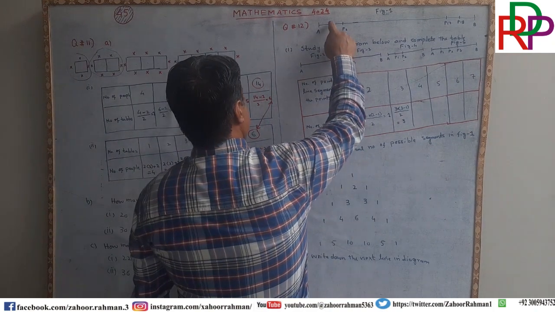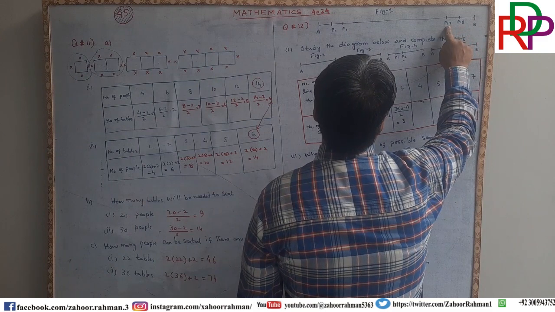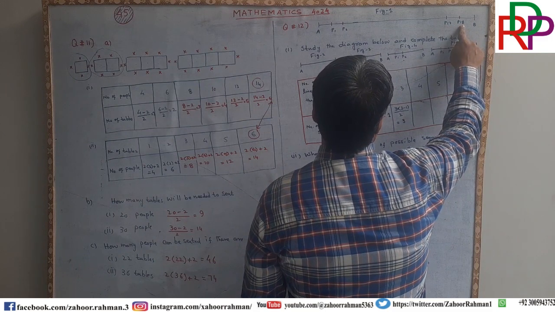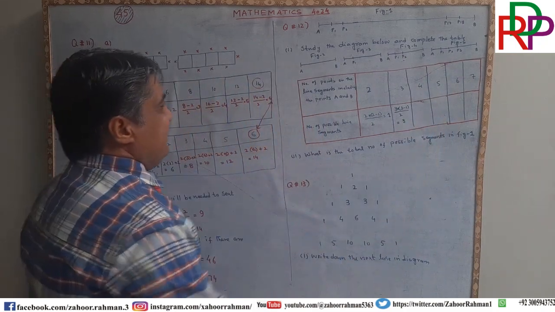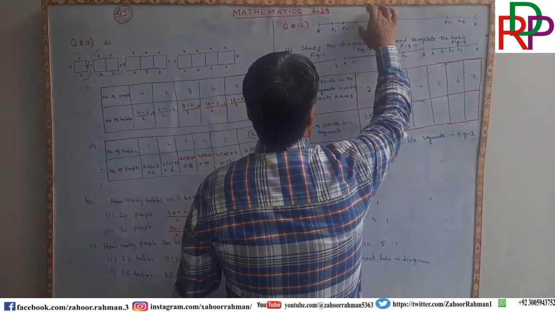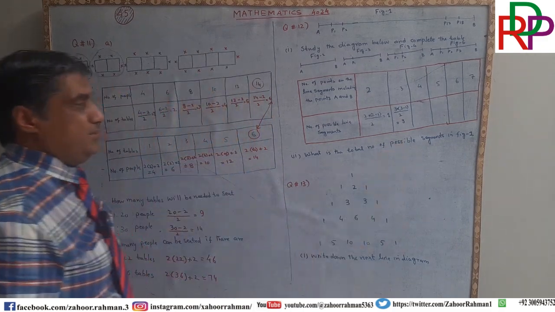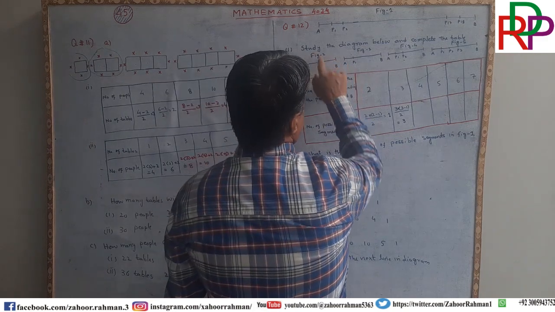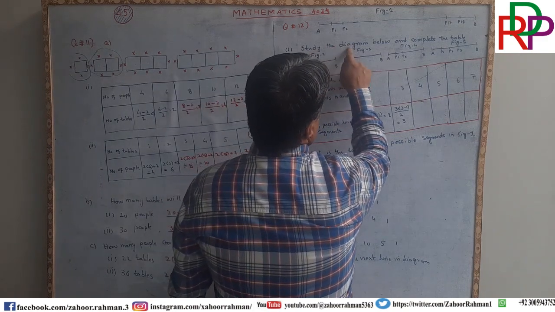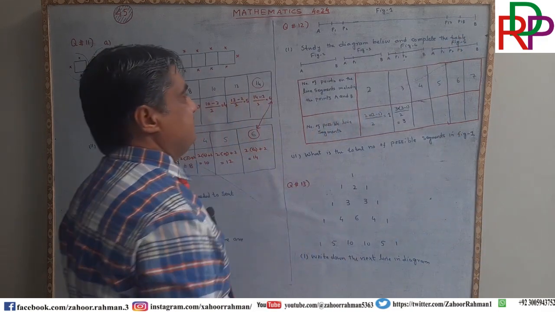This is point 1, this is point 2, and going on, this is point 17, and this is point 18. Study the diagram below. We will come back to this in part number 2 of this question. But first, we are focusing on this. Study the diagram below and complete the table.